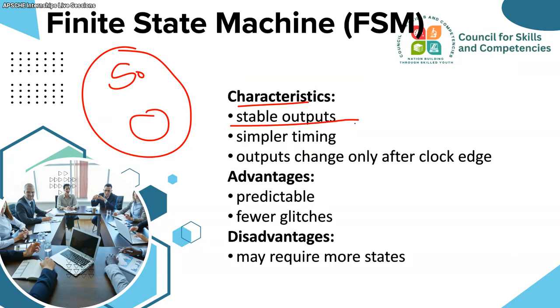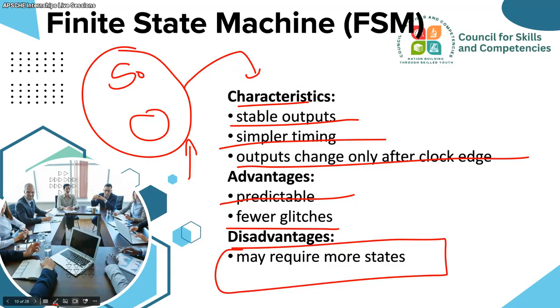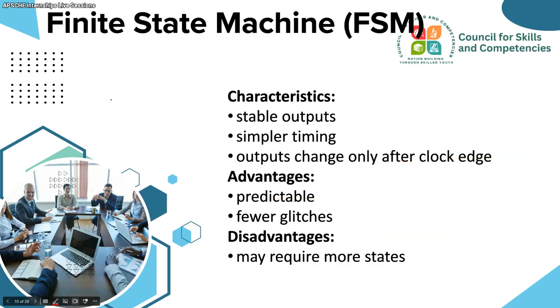You have a stable output and simpler timing, and the output changes only at the clock edge, that is, when the state changes happen. So it is predictable, and only fewer glitches will happen. But in order to do this, we need more states. Whenever we implement the Moore machine, you need a larger number of states.